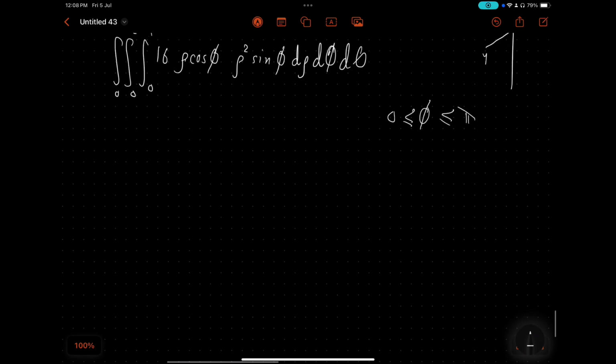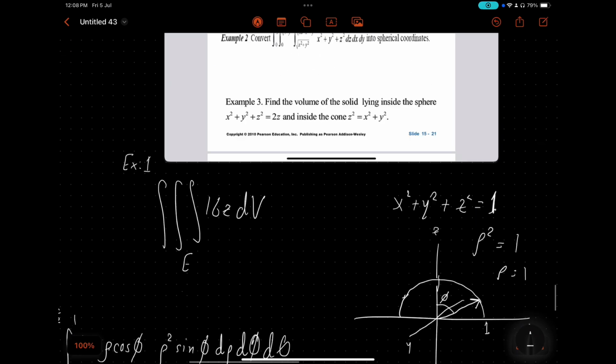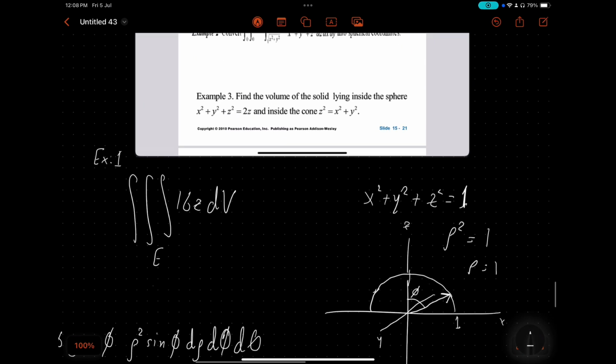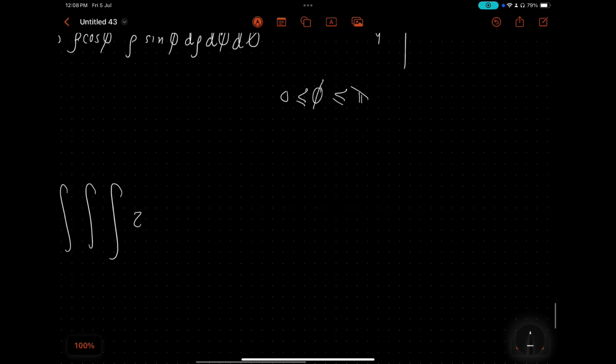So example 2 is gonna show us more about this. The integrand is x squared plus y squared plus z squared, which is rho.